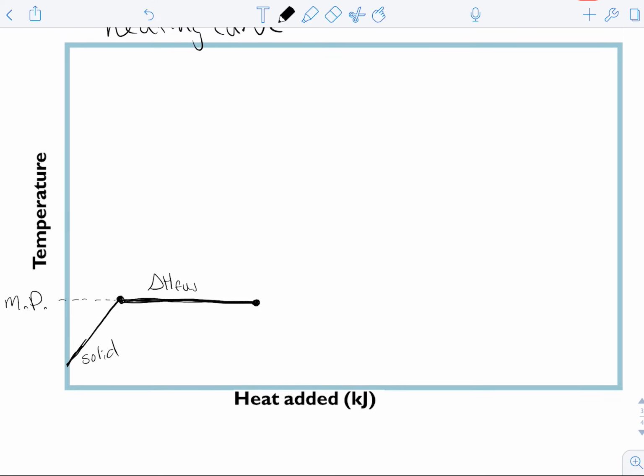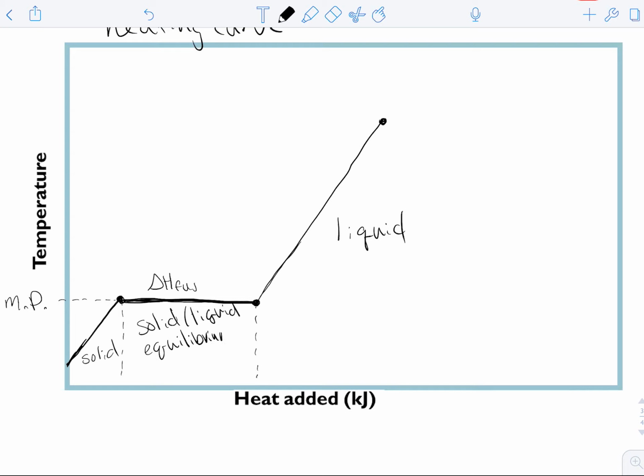Okay, so once we've put in all the fusion energy, we are now in a liquid state. So again, it's going to go up to a point. All throughout here, we are a liquid. So this is solid, liquid equilibrium, and then we get into the liquid phase.